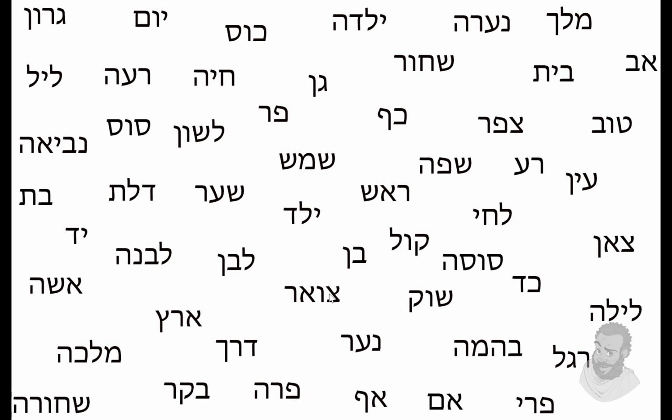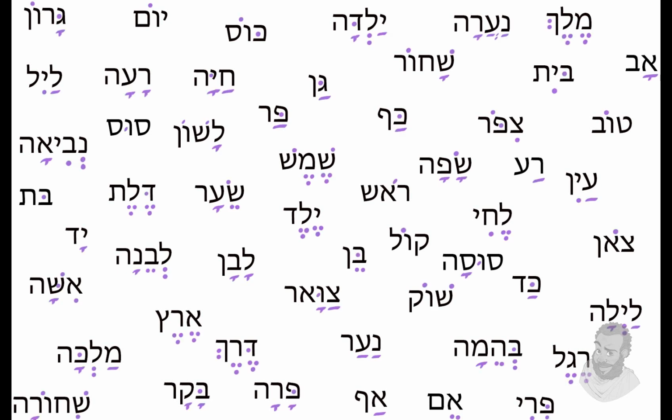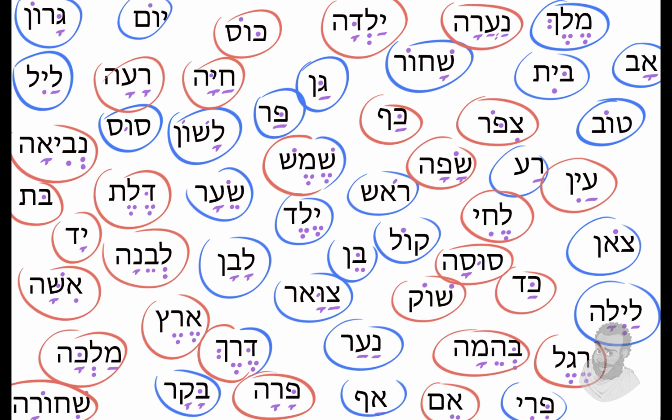Another word we didn't go over is tsavar. Tsavar means neck. Okay. Here they are with vowel points, and I went ahead and circled for you. Okay, so when it comes to tson, even though it's collective, and bakar, even though it's collective, they're still masculine.